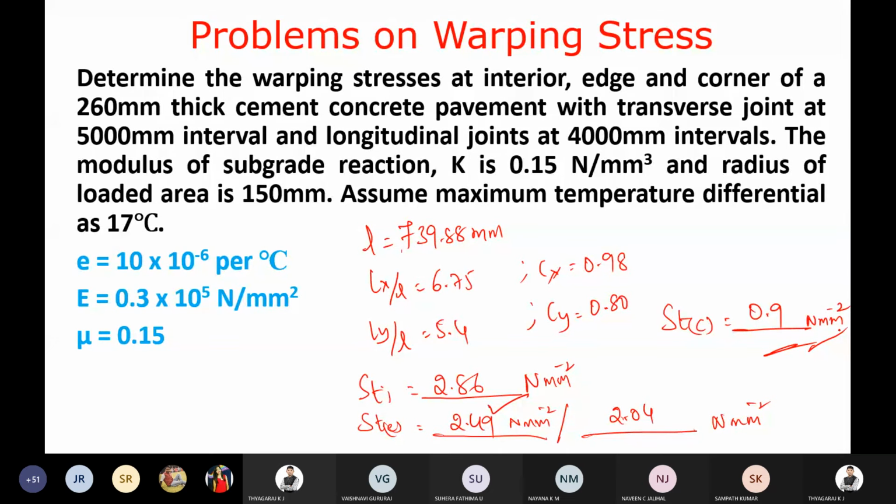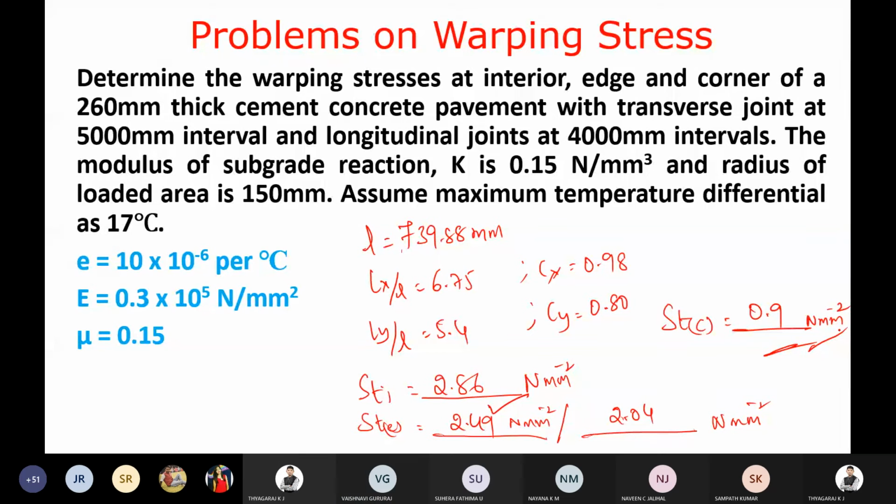Theory portion. What have you written for types of failures in flexible pavement? Can anybody tell? Sir, potholes, rutting, all those things. Those are the distresses.